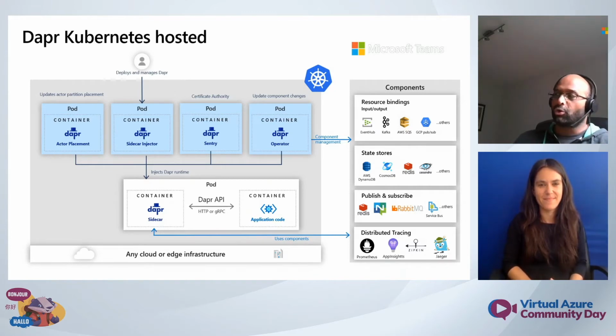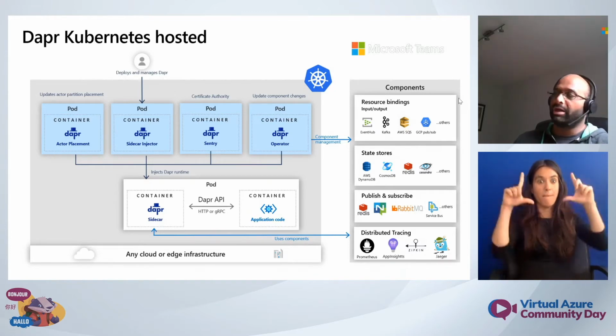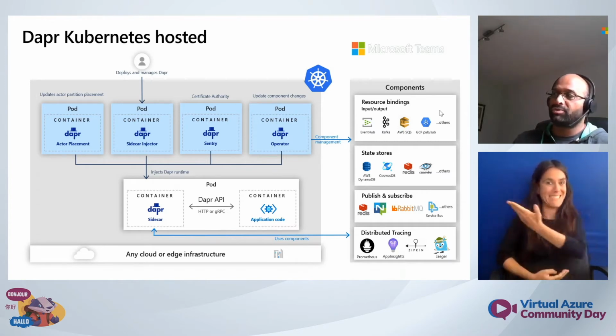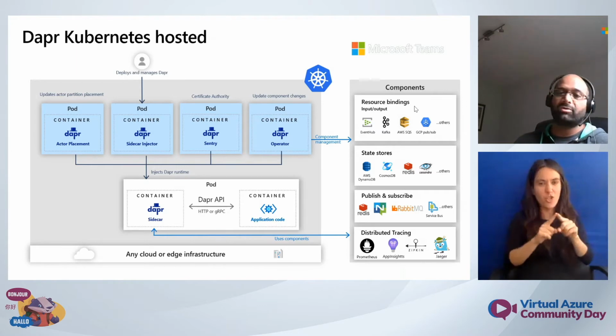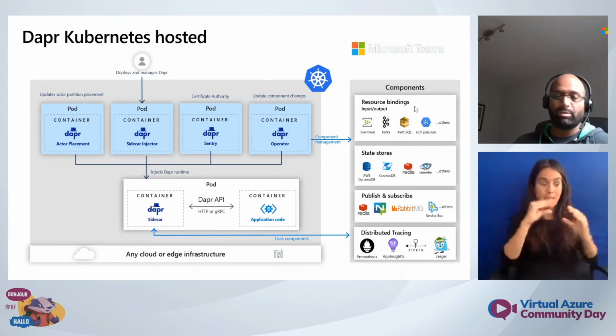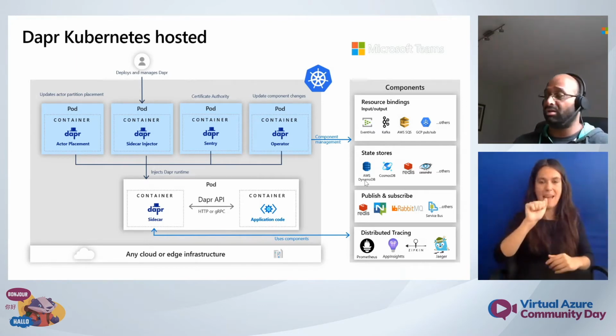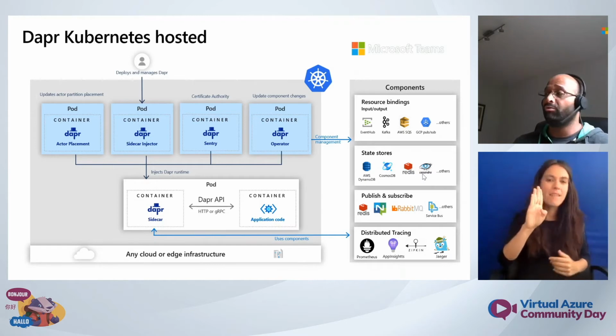This picture also shows that when you go to cloud, you have different options. You can use different components for each building block. You have AWS DynamoDB, Cosmos DB, Redis, Cassandra, and many more for state store.